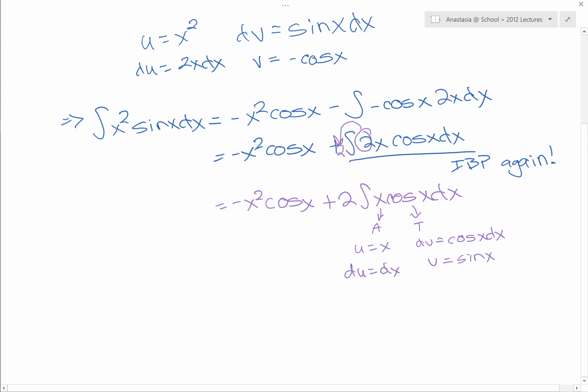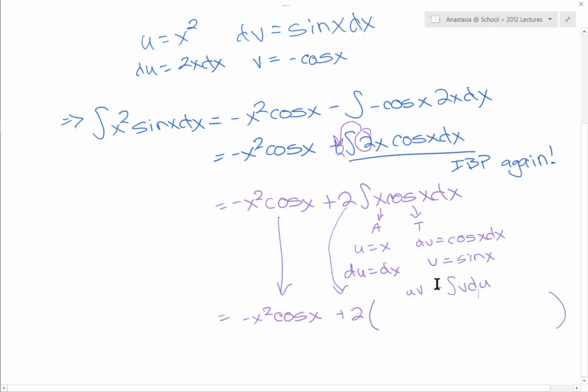So now we rewrite our first term, negative x squared cosine of x. Notice that tracks down. We also need to rewrite the plus 2 part. And now I'm going to put stuff in parentheses because I'm going to have 2 terms that I'm going to substitute in here. Remember, integration by parts is a uv minus the integral of v du.